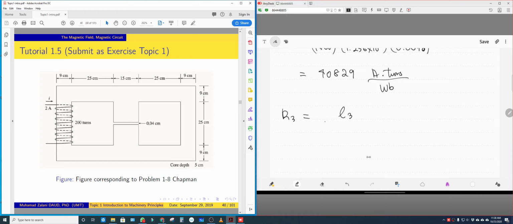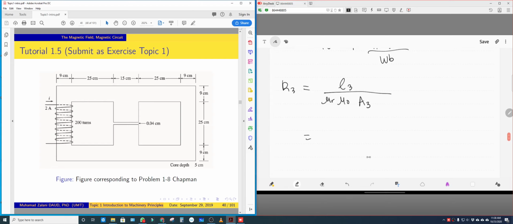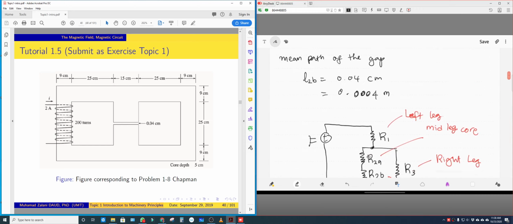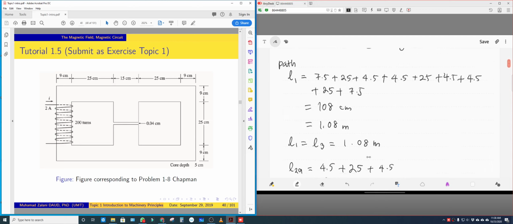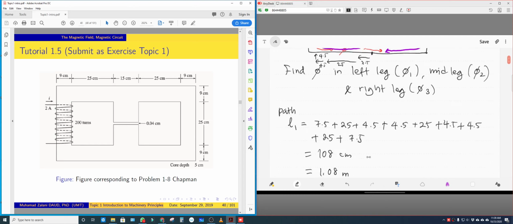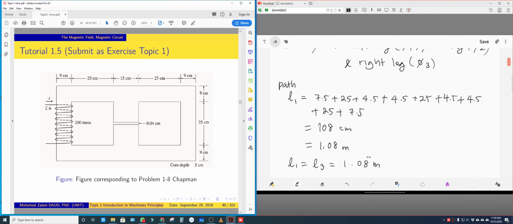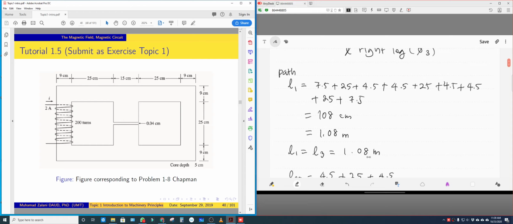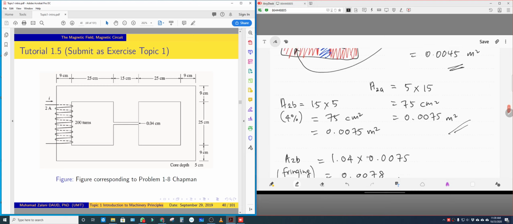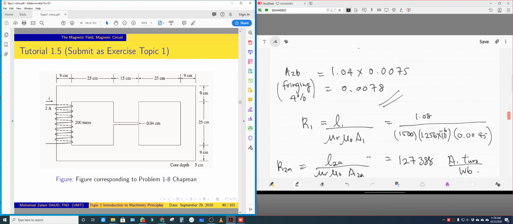So R3 is L3 divided by mu R mu naught A3. So where is L3? L3 is equal to L1, so L3 is also 1.08.